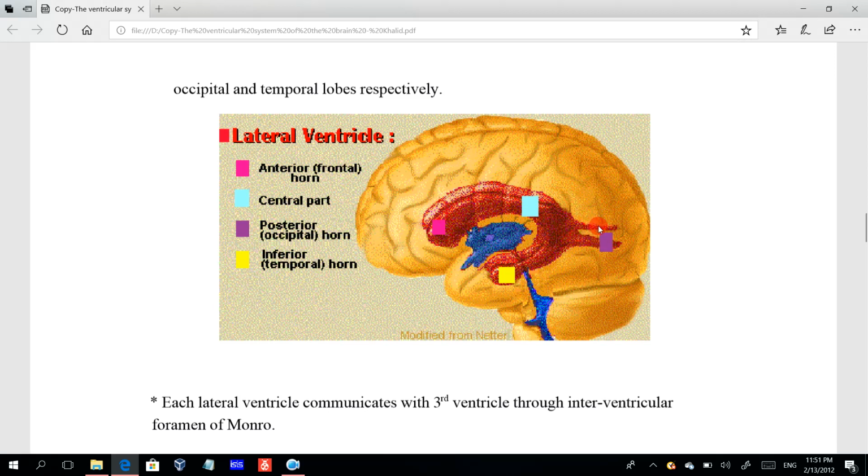Of course, these are two. This is the boundary of one, this is the left side and that the right side. You see, an extension of the right side and an extension of the left side. All this is the lateral ventricle.